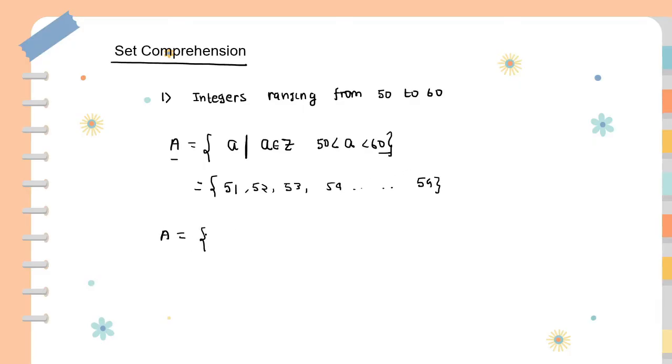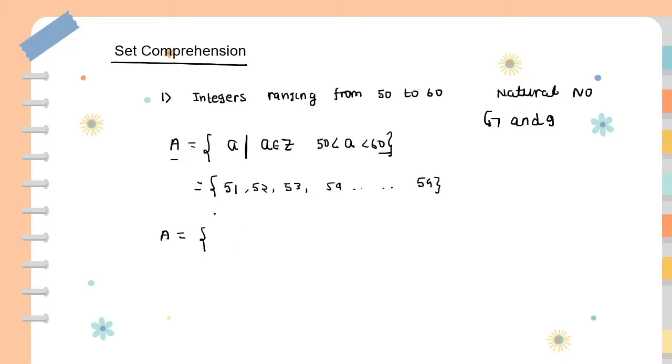We can also generate some other sets, like numbers which are divisible by both 7 and 9. So how do we write it? Let us assume we want to write all natural numbers which are divisible by 7 and 9 as well.